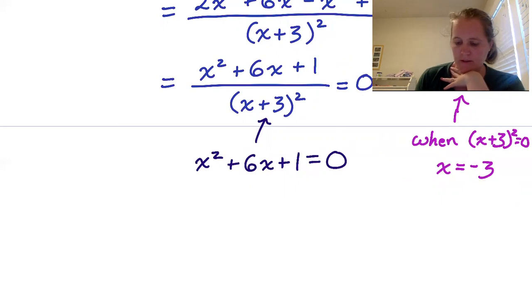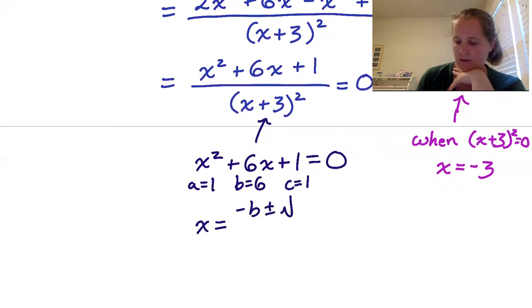So we have a is 1, b is 6, c is 1. We have x equals -b plus or minus the square root of b squared minus 4ac all over 2a.